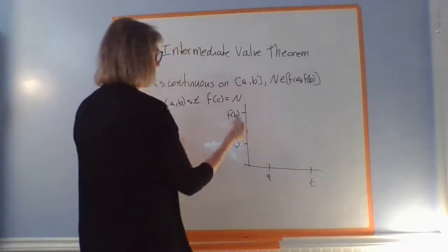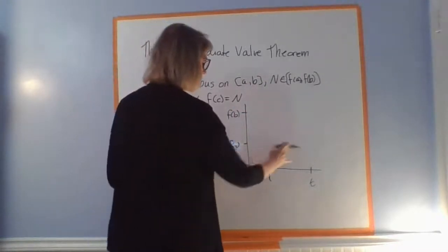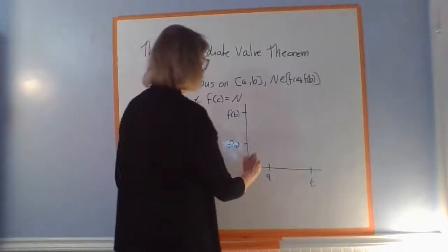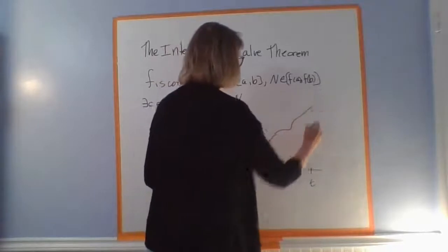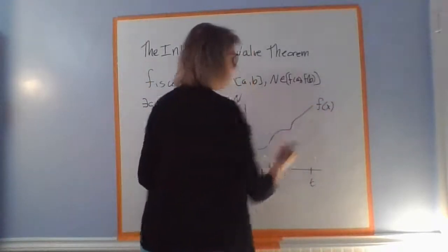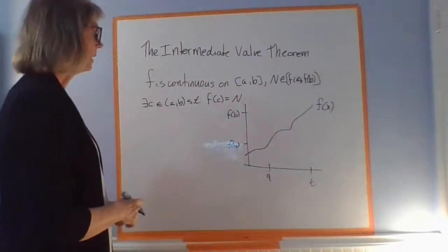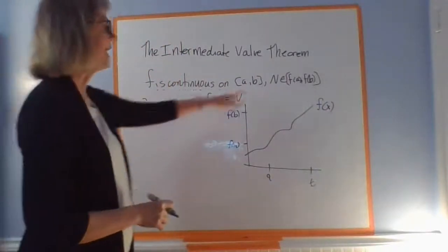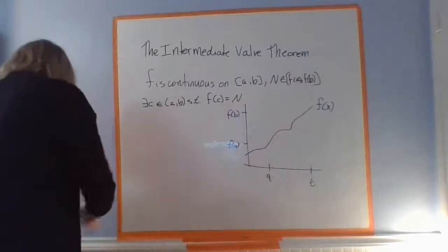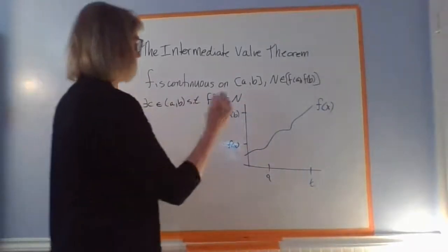And we have some continuous function, at least it must be continuous, as long as x is between a and b. So let's just draw something. So that's my made up f of x. And we are going to pick some value n that lives between f of a and f of b. So let's just randomly pick some number.